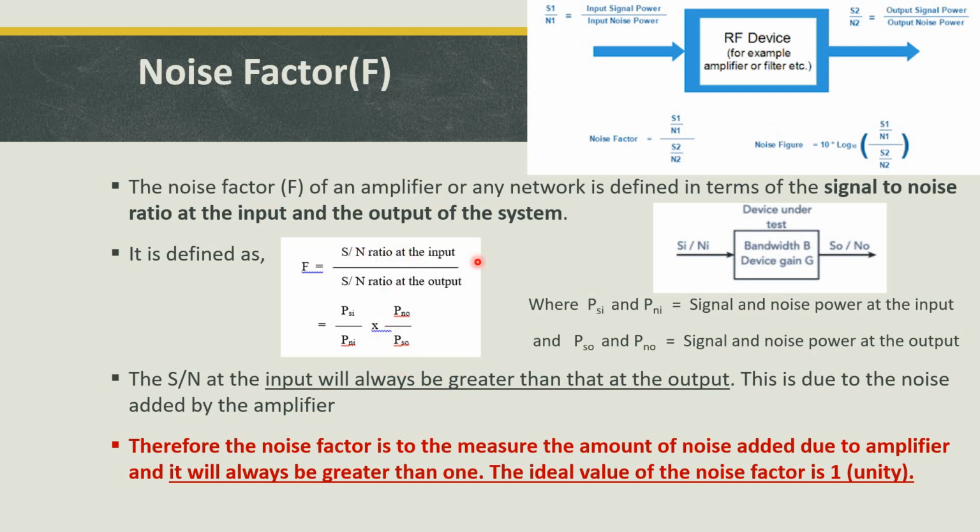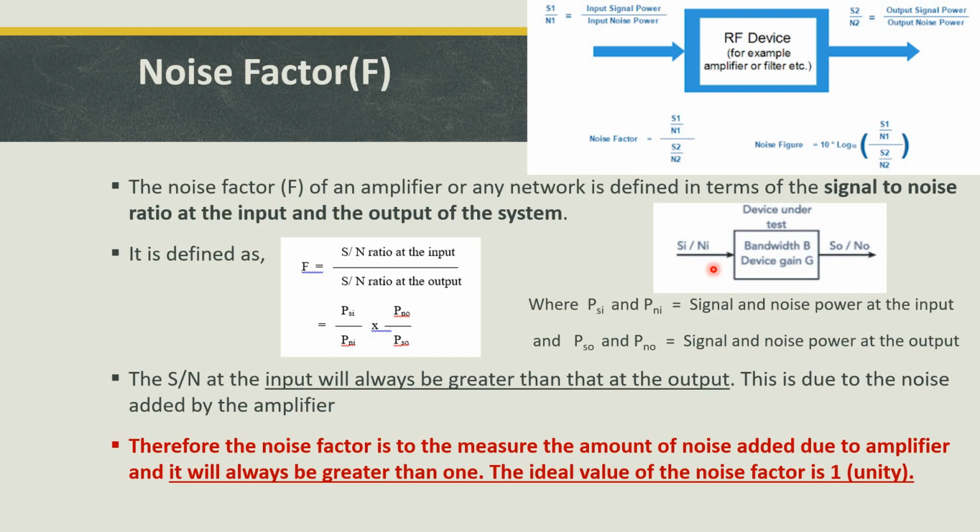If you substitute the corresponding values, you will get an equation with PSI, the signal input power, and PNI, the noise power at the input side, and PNO representing noise power at the output, and PSO, where O represents output, S represents signal, and P represents power. The signal to noise ratio at the input will always be greater than at the output, because if your signal is, suppose, 5 volt, and the gain factor is 5, multiplying gives 25 at the output.